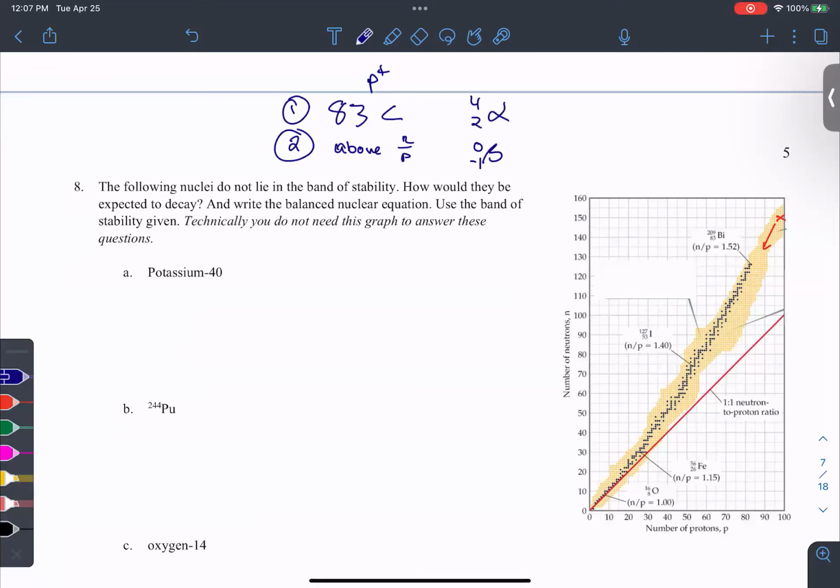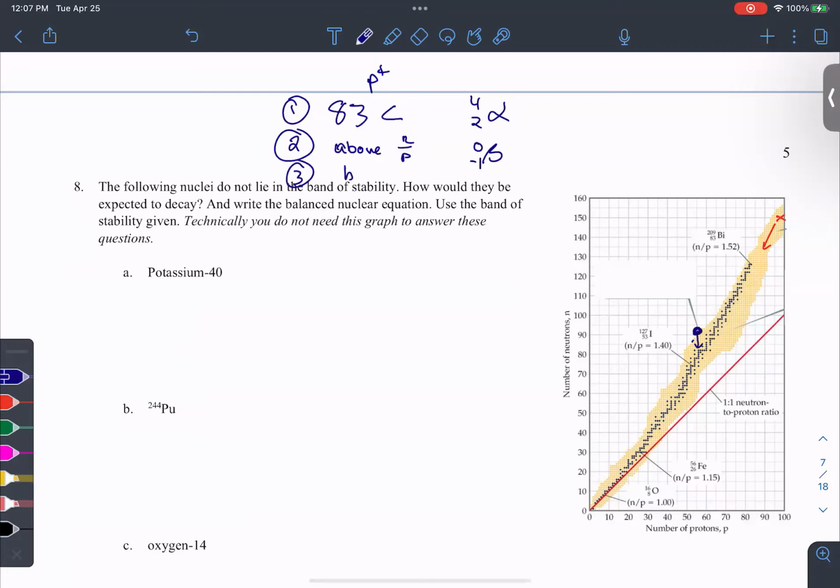Yes, it is beta emission if you are above the belt. And in doing so, if we're above the belt, like here, beta emission will make your product go down, closer to the belt of stability. It'll lower your neutron to proton ratio, until your nucleus becomes stable.